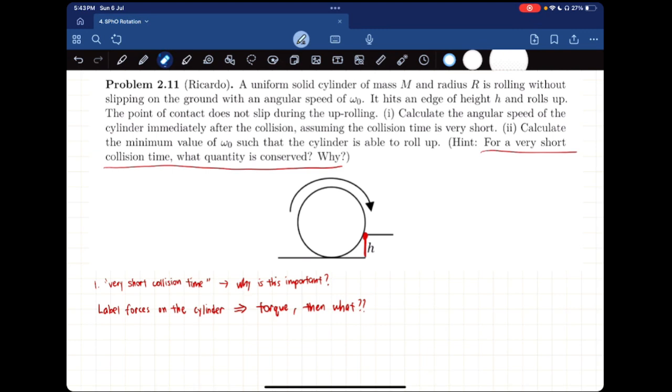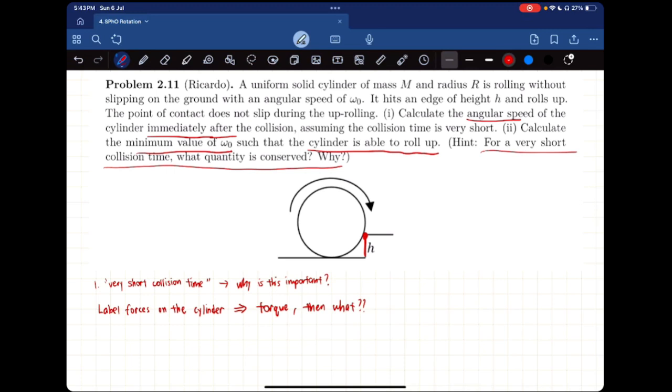And after it collides with this step, you want to find the angular speed of the cylinder immediately after the collision. You want to find the minimum value of omega naught such that the cylinder is able to roll up the step. So the hint here is that if you have a very short collision time, some quantity is conserved.